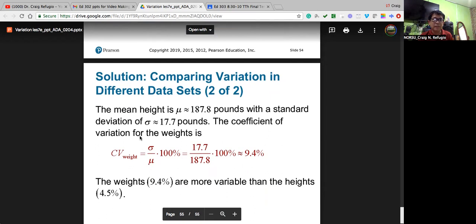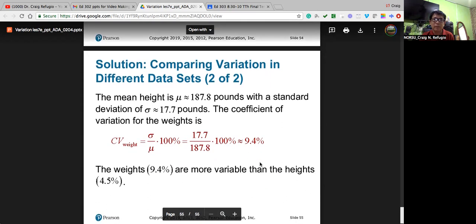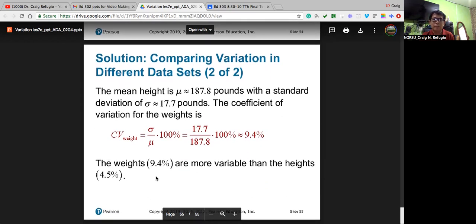The coefficient of variation for the weights is sigma divided by mu times 100, 17.7 divided by 187.8 times 100%, approximately 9.4%. So the weights, at 9.4%, are more variable than the heights, at 4.5%.